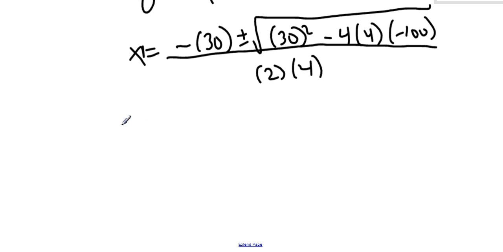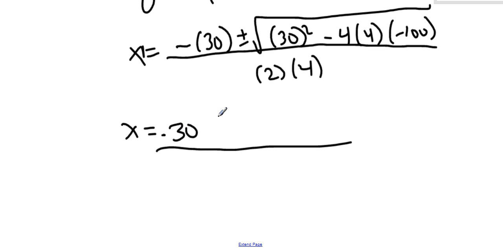So x equals negative 30 plus or minus the square root of the discriminant, I'll get to that in a second, divided by 8. So now in my calculator, I calculate the discriminant. So 30 squared minus 4 times negative 100, and I get 2500.